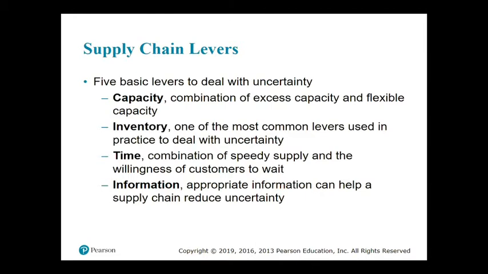All of these will help us to better understand the demand, so perform more accurate forecasts, which basically reduces the uncertainty we're facing. And then information also allows different parties in the supply chain to better coordinate with each other and therefore better cope with uncertainty.